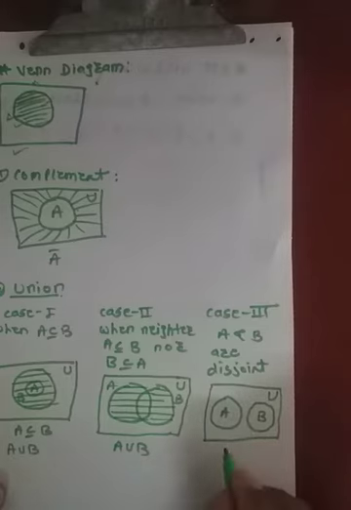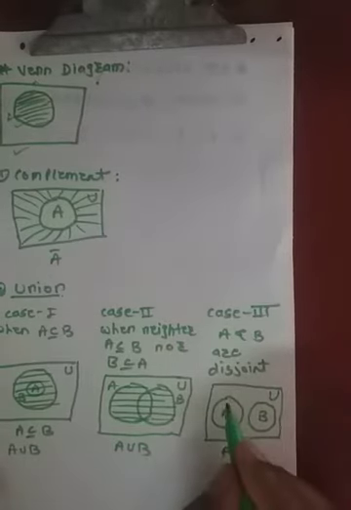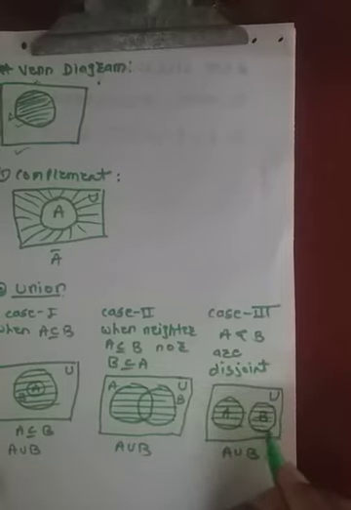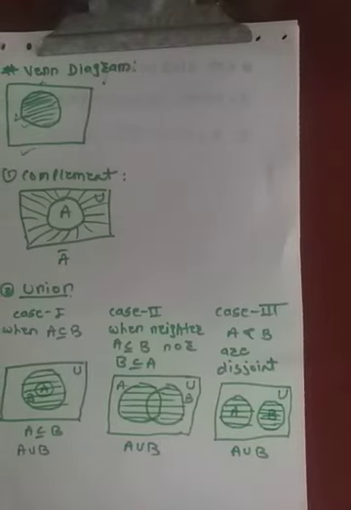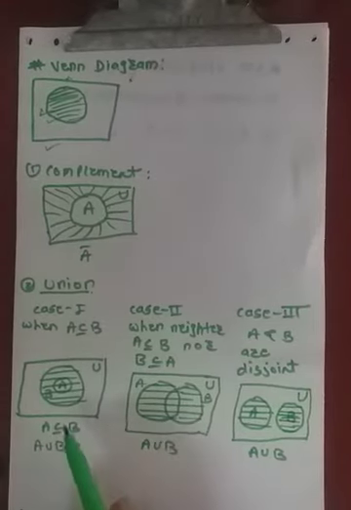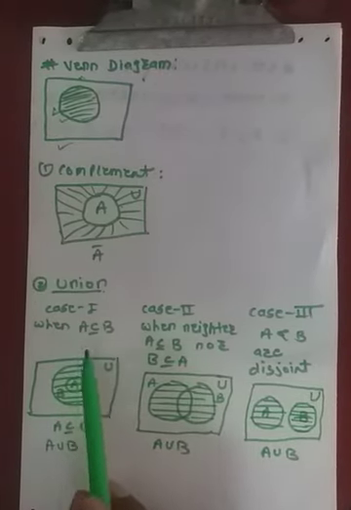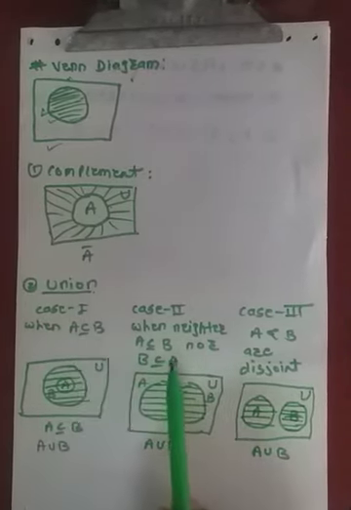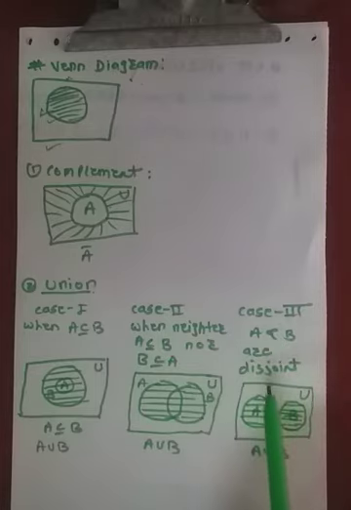So in that situation, A union B is nothing but this shaded portion, this one and this one. This is A union B. So this is union operation in three cases. Case 1, A is subset of B. Case 2, neither A is subset of B nor B is subset of A. Case 3, A and B are disjoint.